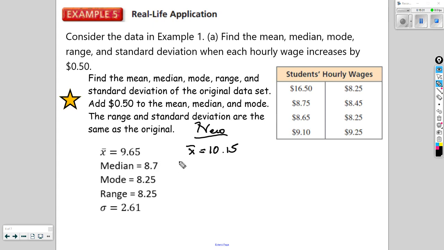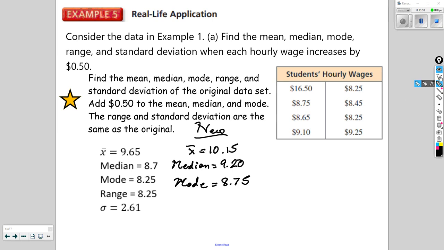If we added 50 cents to the median, we'd get $9.20. If we added 50 cents to the mode, we'd get $8.75. So that would change these measures of center.